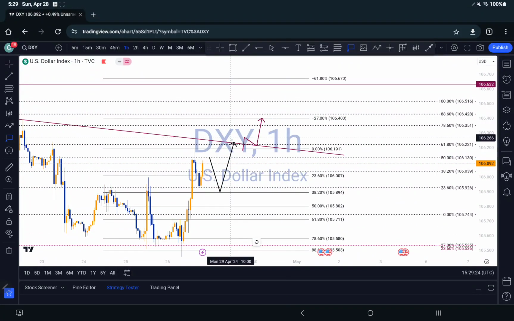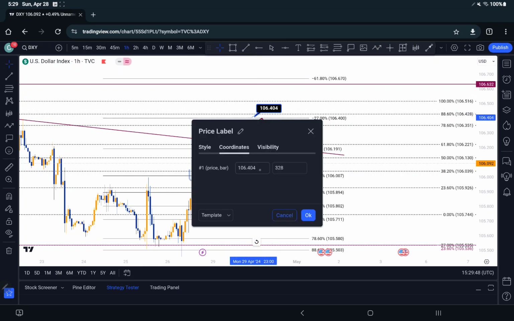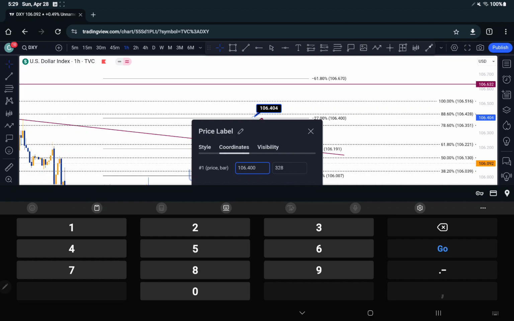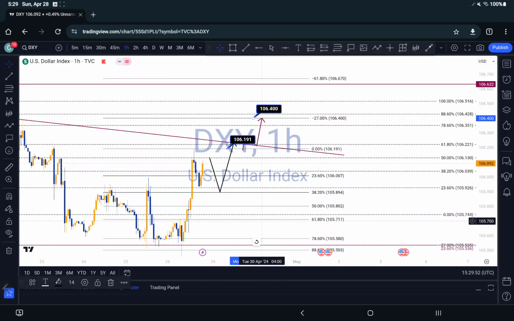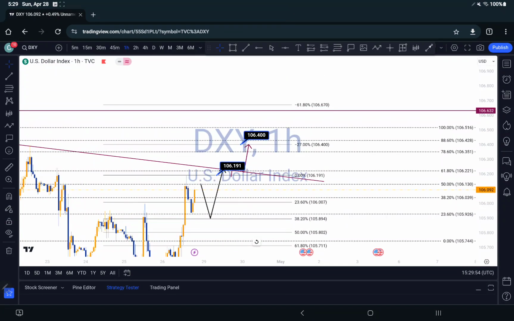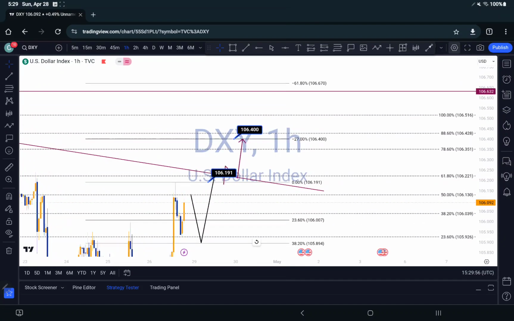So let's put a price tag right around here, that will be fine. And my second price tag will be here, which is 400. Then if we continue to have more buying momentum, it's going to push to this place right here to fill in the gap. So let's just put the scenario right there just to see.